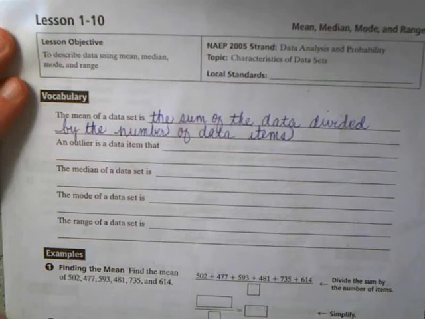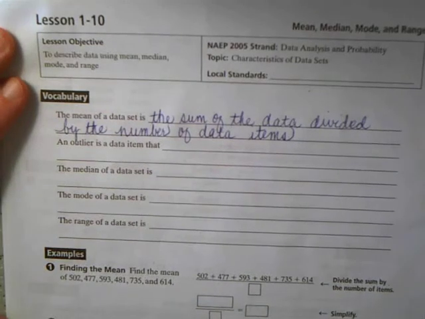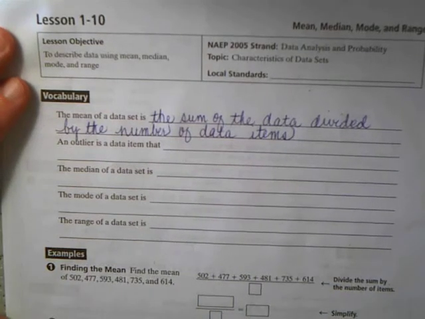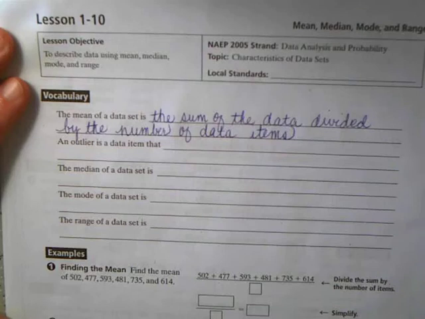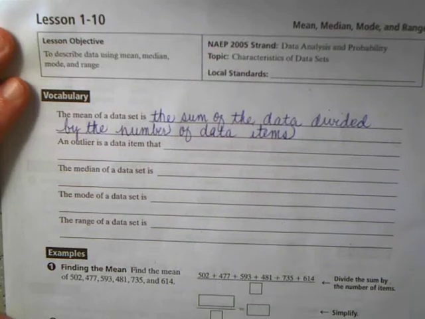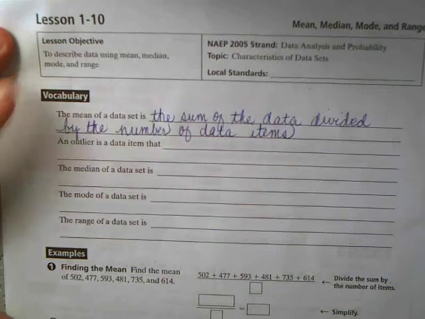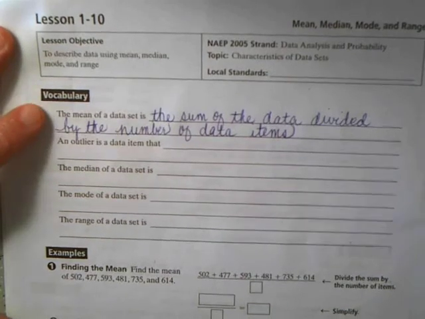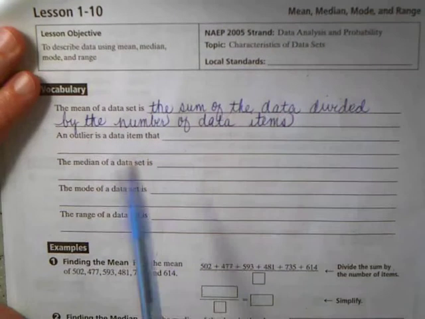Basically, you add up your data items. If there are 15 data items, you divide that sum by 15 and you have your mean. Mean is often referred to in common language as the average as well, but we're going to stick with using mean because that's our math term for that.